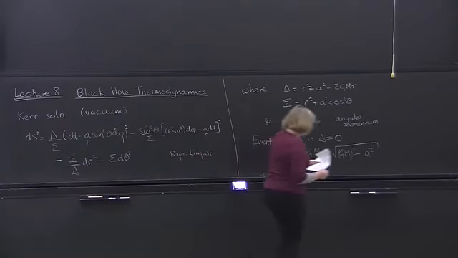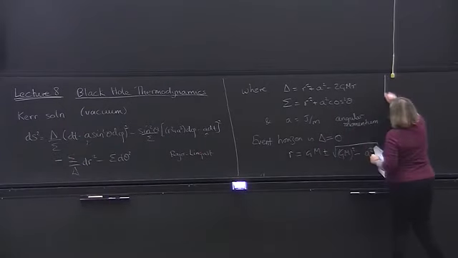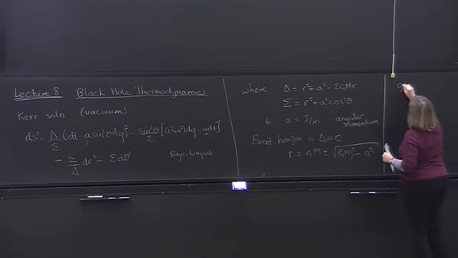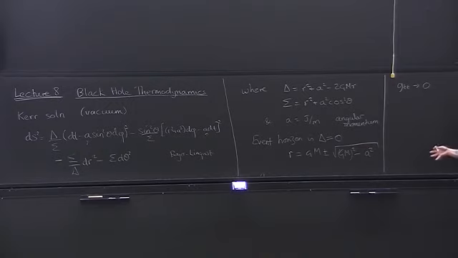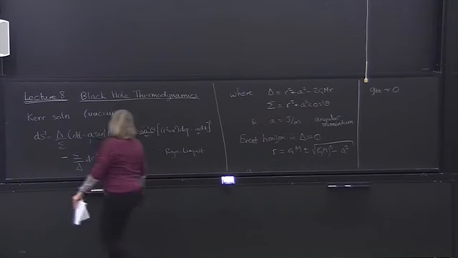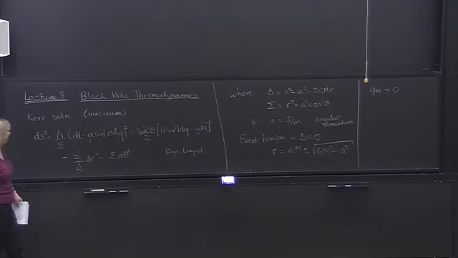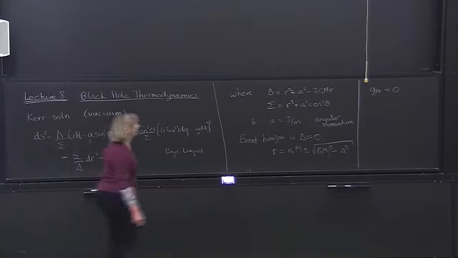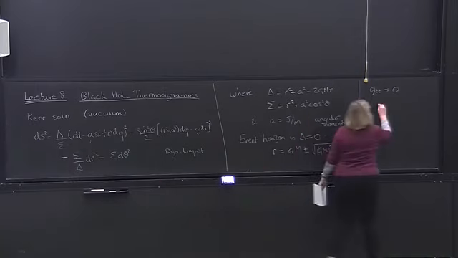And then we've also got g_tt tends to 0, and brilliantly I didn't write it down. So if g_tt goes to 0, that tells you that delta equals a squared sine squared theta.